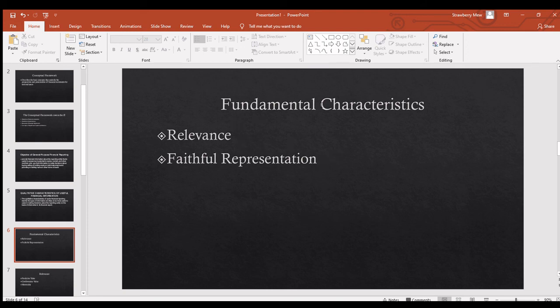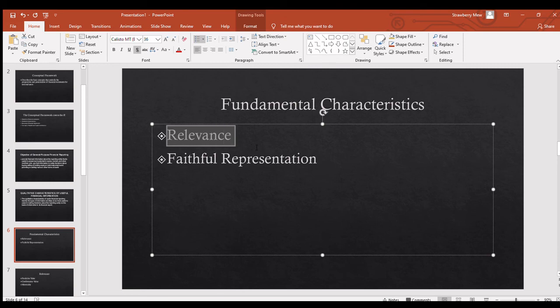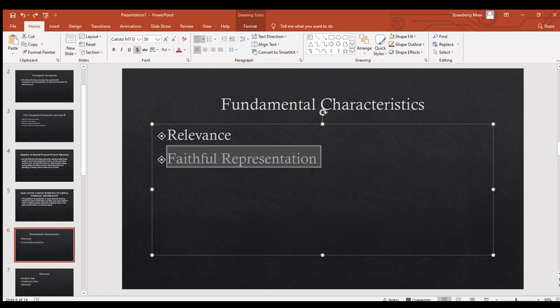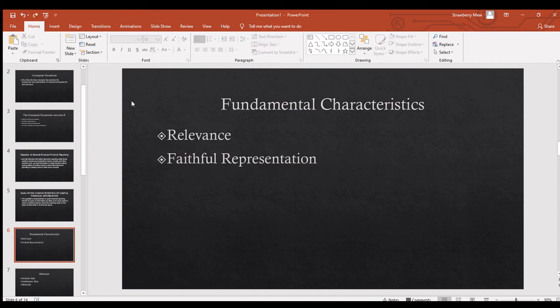Okay, in order for a financial information to be useful, it must both be relevant and faithfully represented. It is not enough for it to be relevant pero hindi naman faithfully represented, or faithfully represented nga pero hindi naman siya relevant, right? So it should both be relevant and faithfully represented.